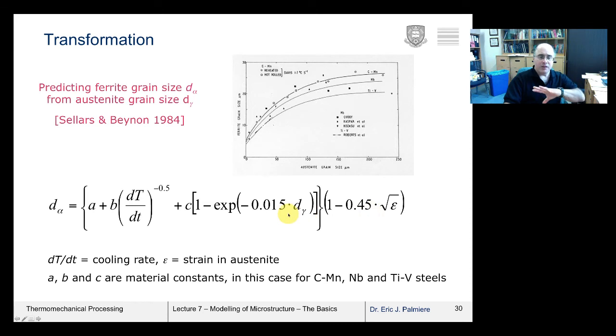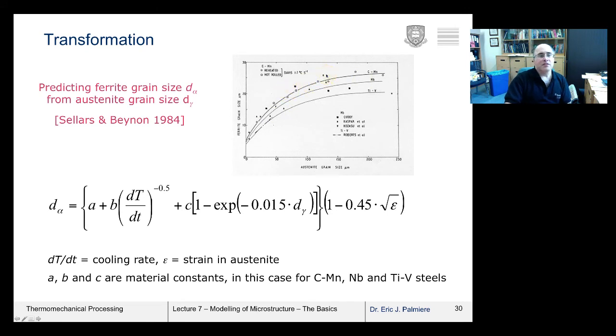So we have some physical understanding, but we have some other constants which we do not have physical understanding for. Nevertheless, the expression quite nicely fits curves to experimentally measured data.